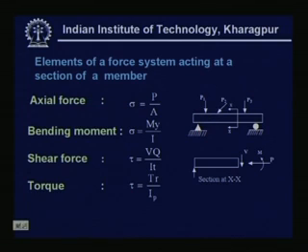Now, today we will be considering, as the name suggests, combined stresses. If various types of stresses arise at a point in the machine member, how do we combine them together to get an idea of the effect of all the stresses acting on the machine member?